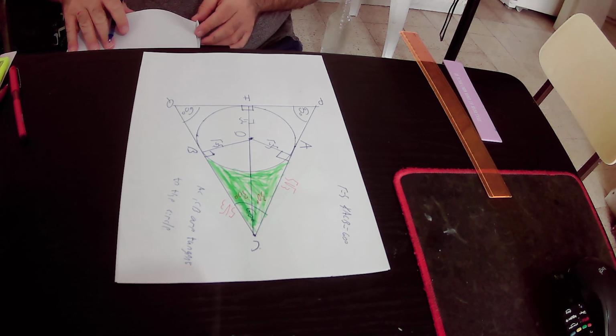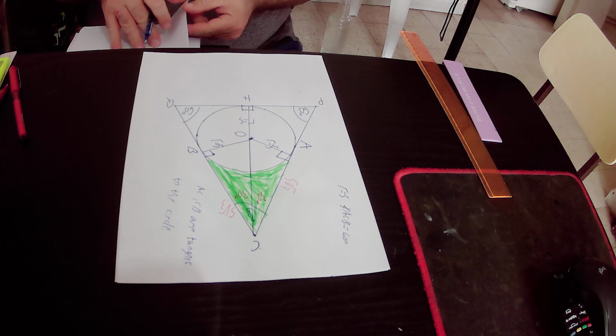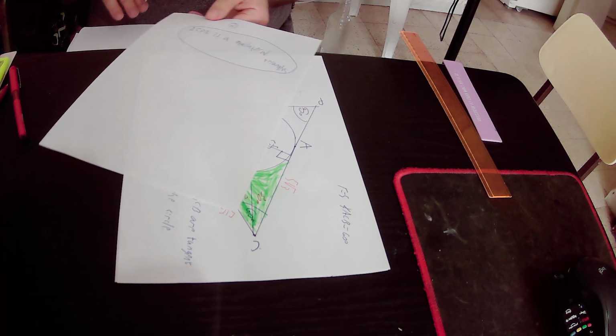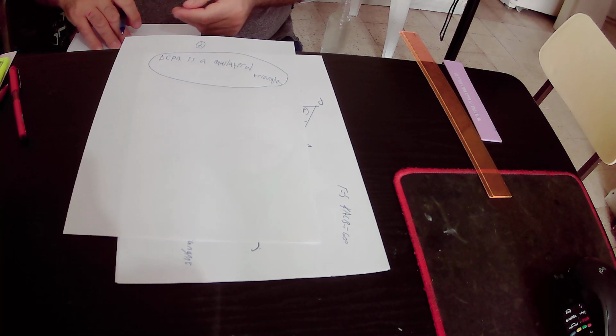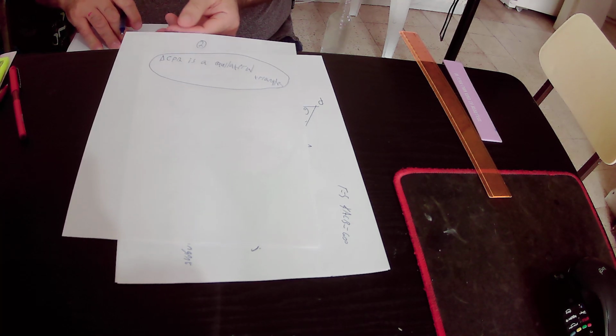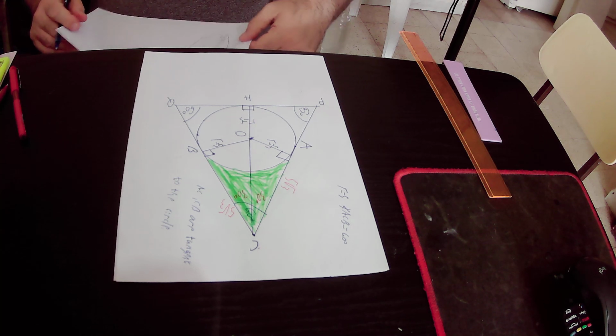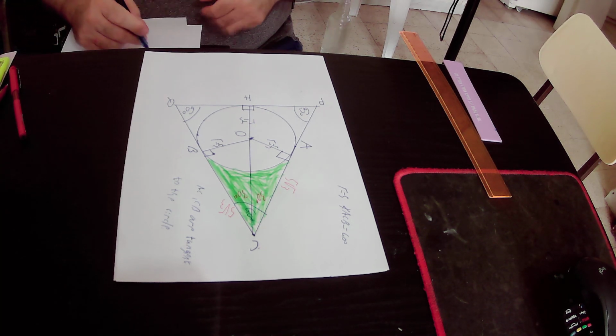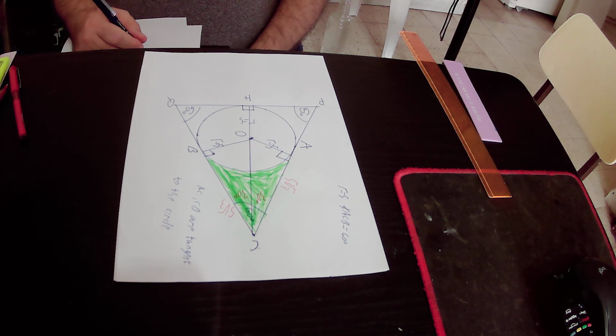Okay, triangle, the big triangle, triangle CPQ, is an equilateral triangle. We have new rule number 4.